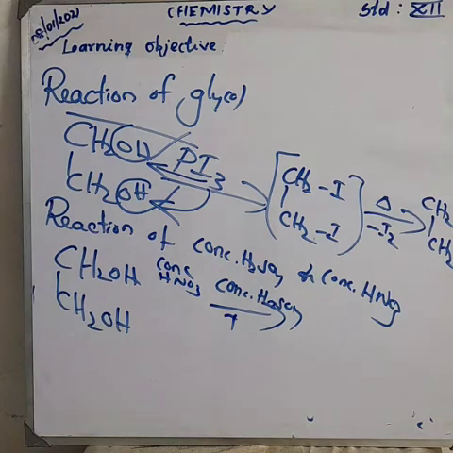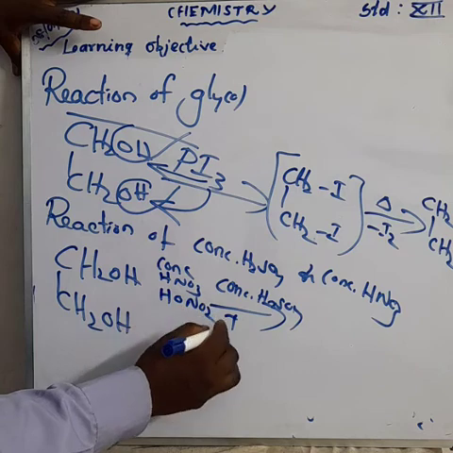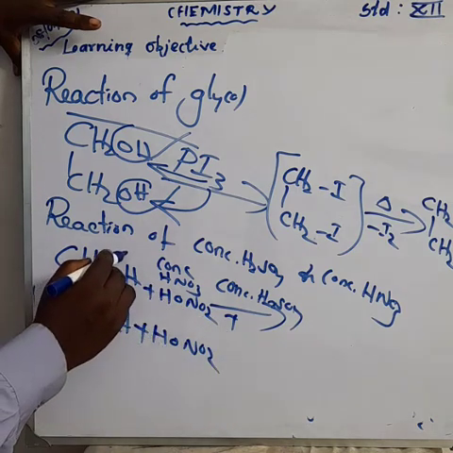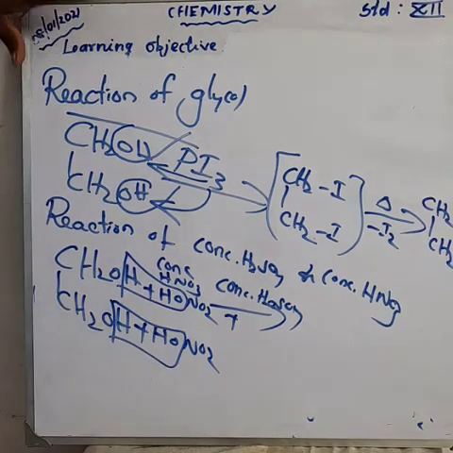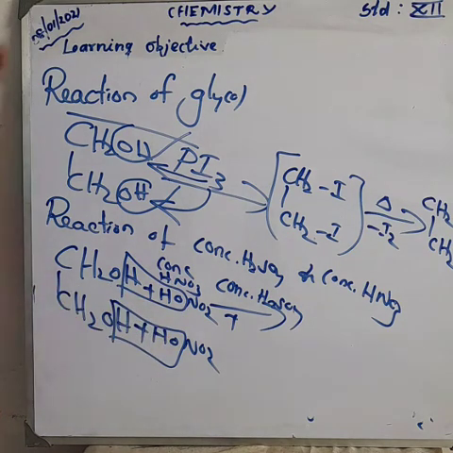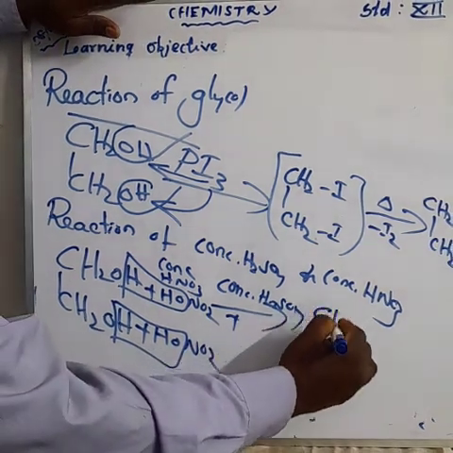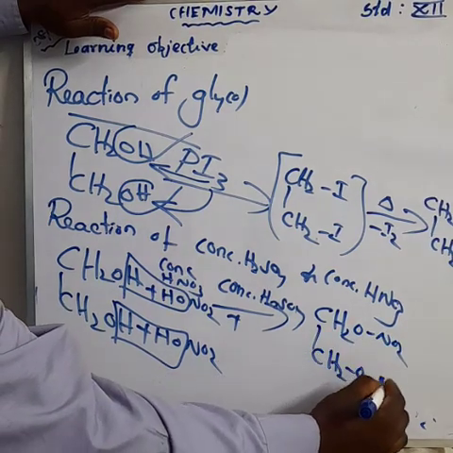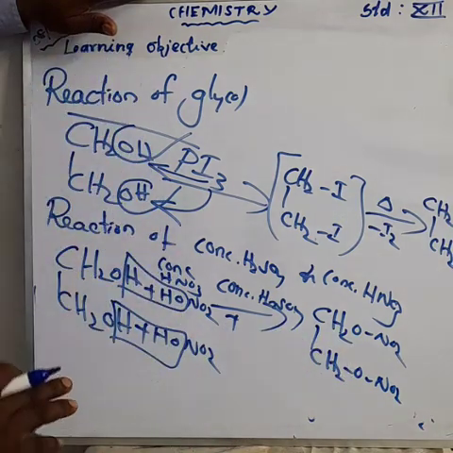Concentrated nitric acid can be written as HONO2. We are taking 2 moles. The hydrogen combines with OH to form water. What's the remaining product? CH2ONO2-CH2ONO2. We call it dinitroglycol. Don't forget that.